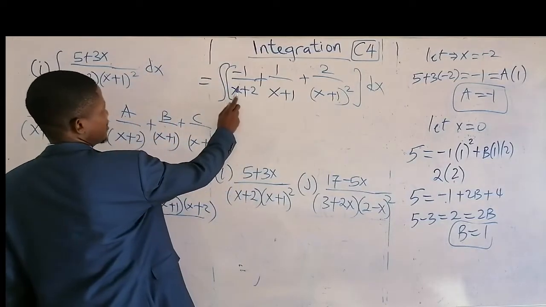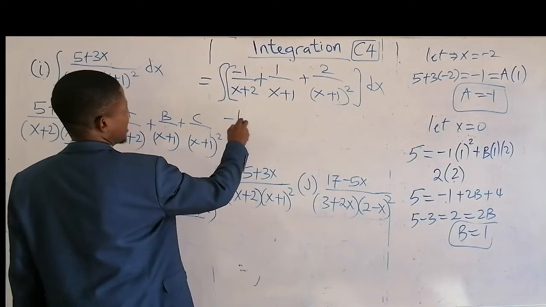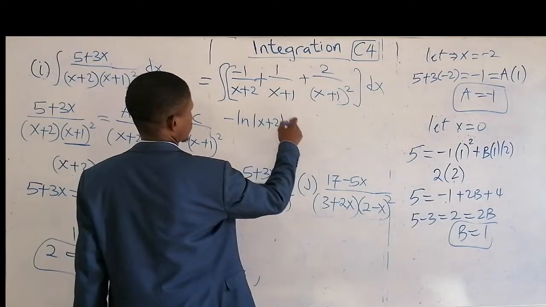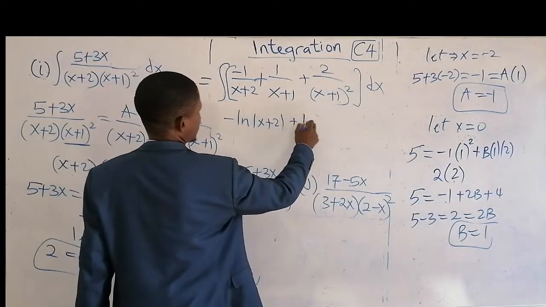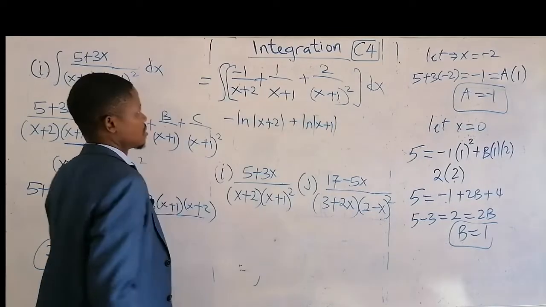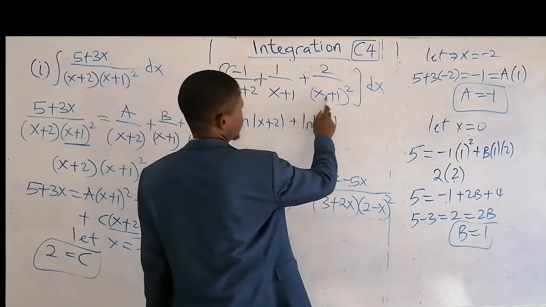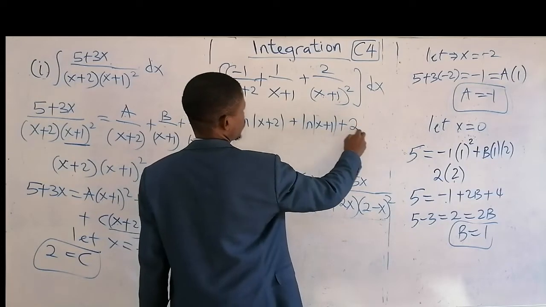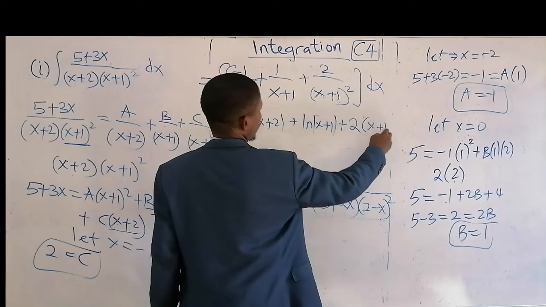So without wasting time, this will be minus ln(x plus 2) plus the integral of this, ln(x plus 1). Then we can sort this, this will be the integral of this.